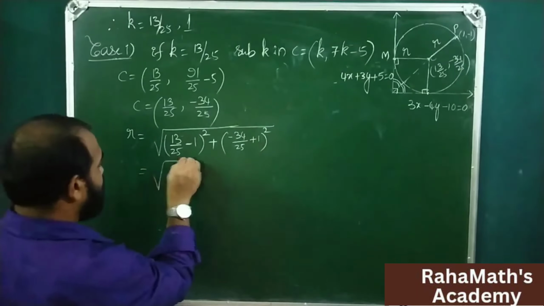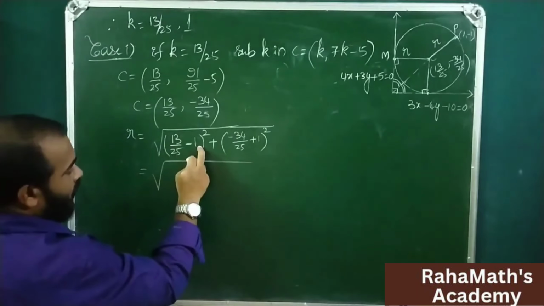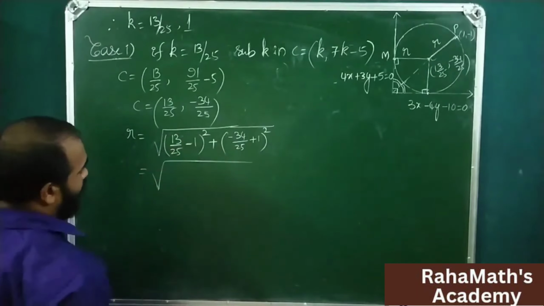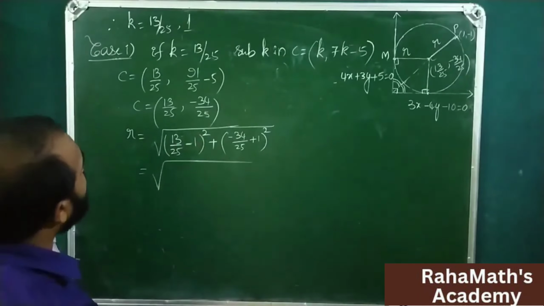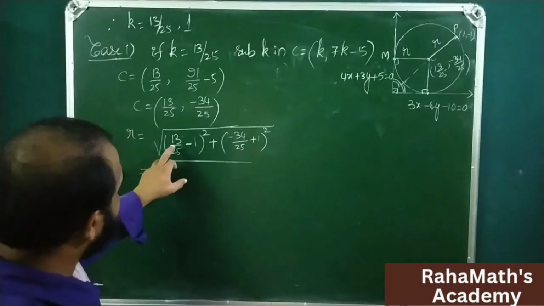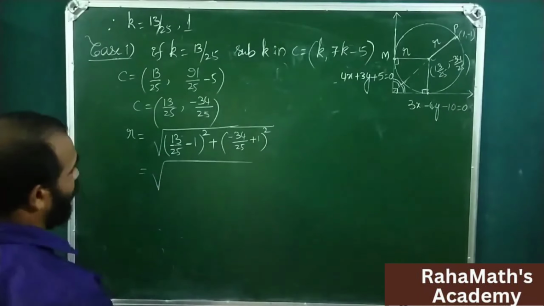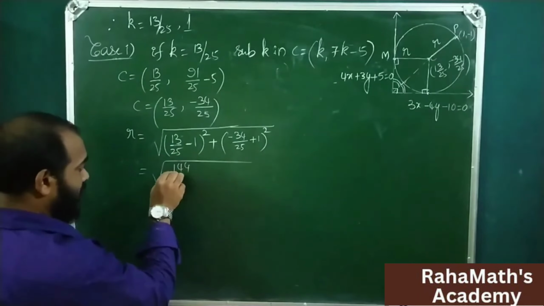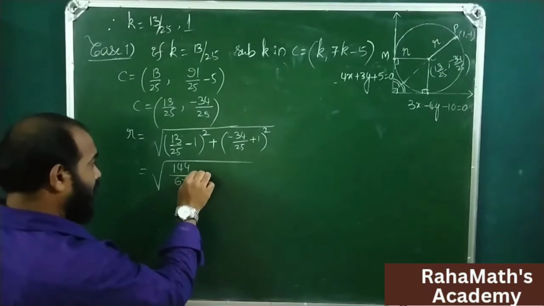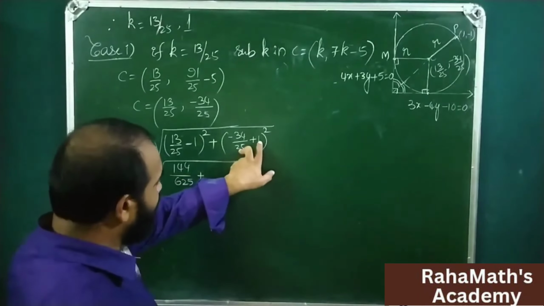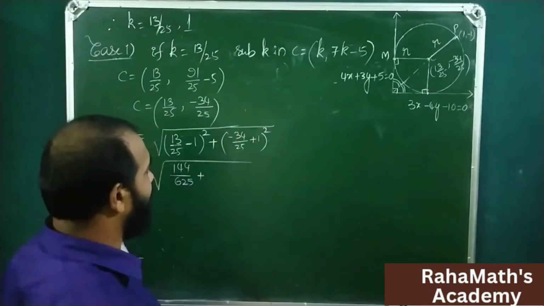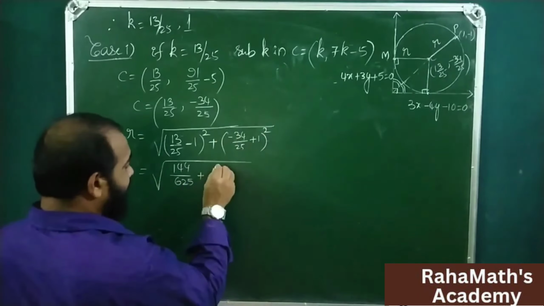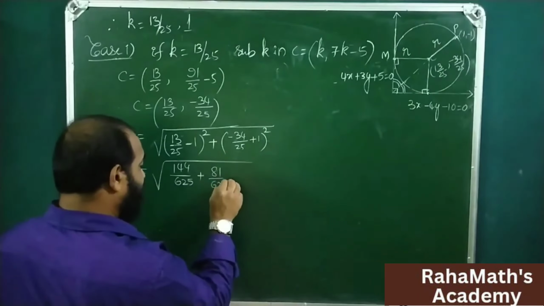That equals 13 minus 25 is minus 12 by 25, so minus 12 by 25 whole square, so 144 by 625, plus 25 once 25, minus 34 plus 25 is minus 9 whole square, which is 81 by 625.